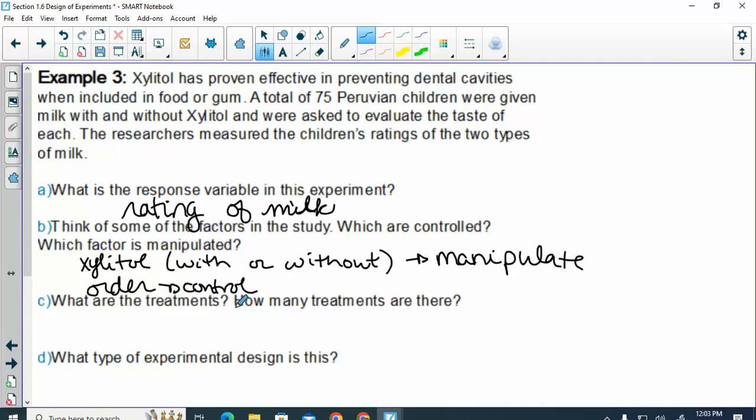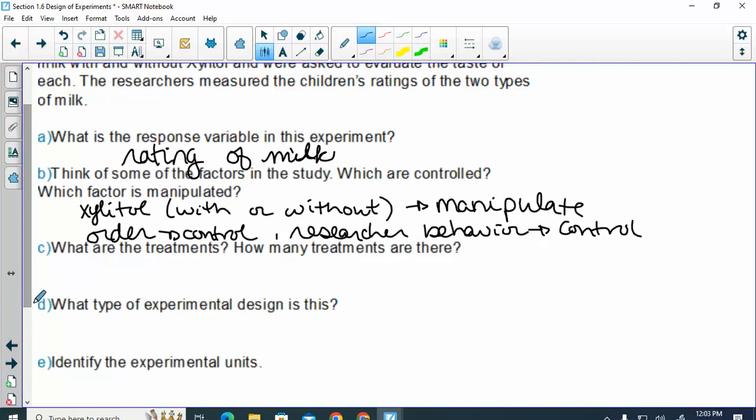Or if I give her the xylitol one and say, this one's really good, we're really going to like this, is she going to be more likely to rate that one higher? Yeah, so the researcher has to control their behavior and make sure it's the same for both cups of milk. So that needs to be something we control.